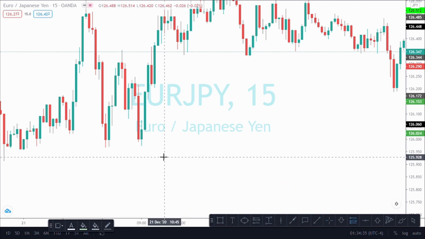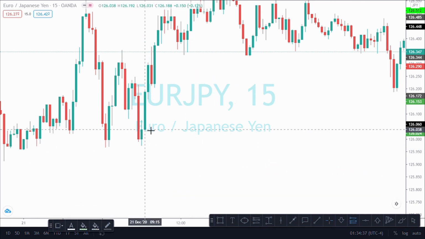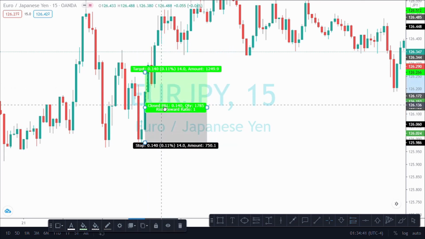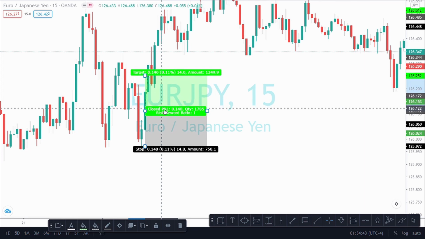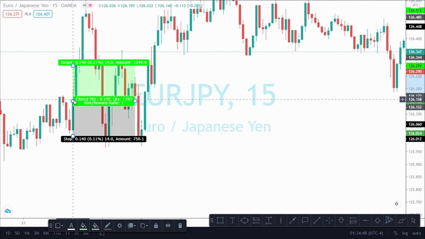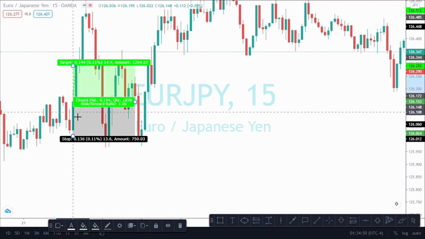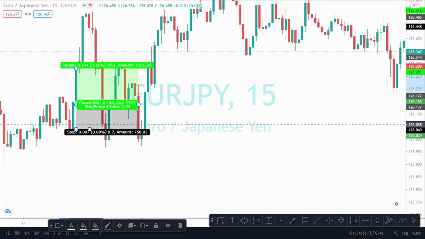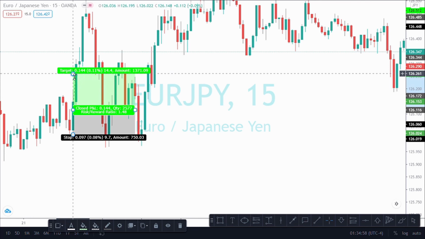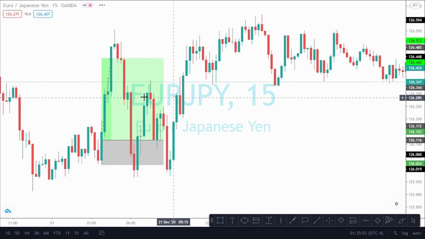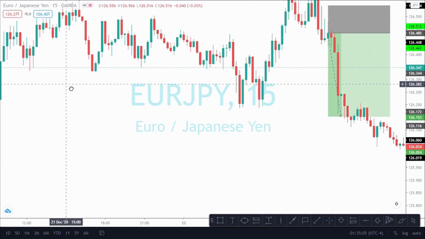You put the entry, if we can get a solid 10, so right here. And we carry it down a little bit, and then our 1 to 3, see there, 1 to 3, and yeah, basically I'll cover that.